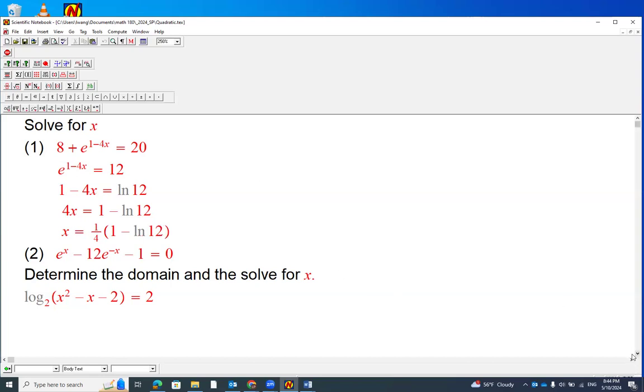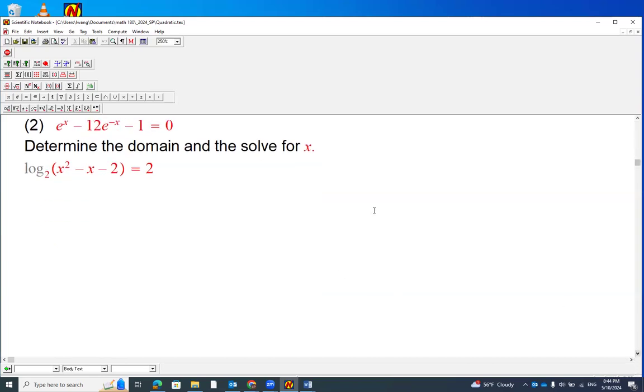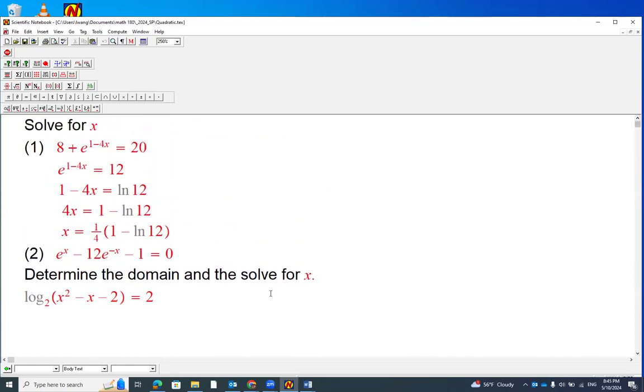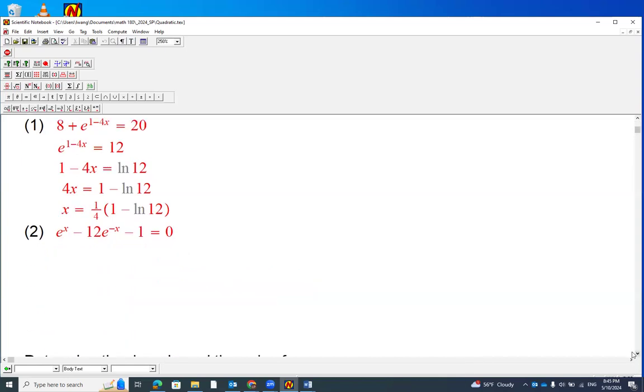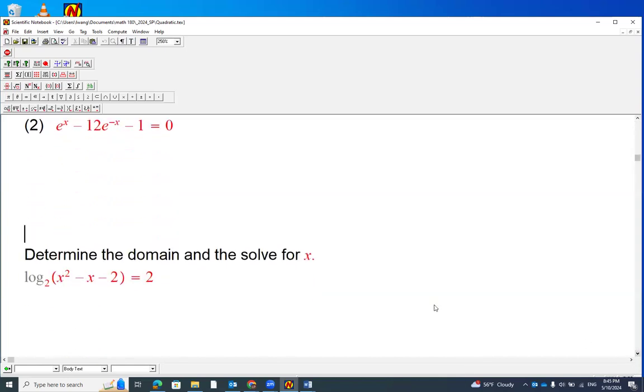Okay. The second equation, there are multiple ways to solve this equation, of course. I'm going to use one that some of the students think is the easiest to view. I'm going to use u equals e to the power x.